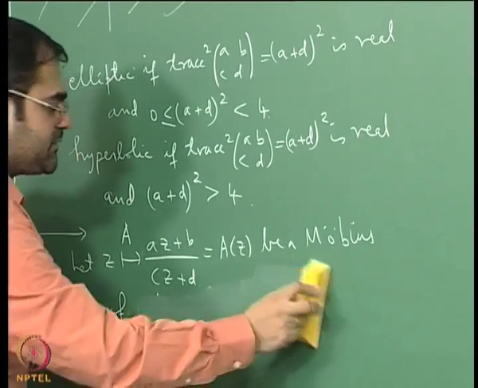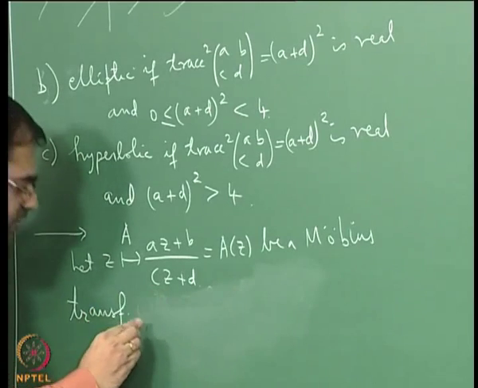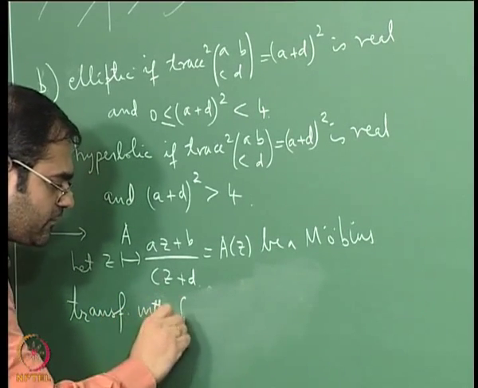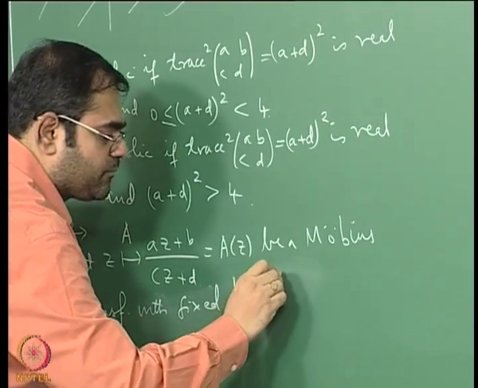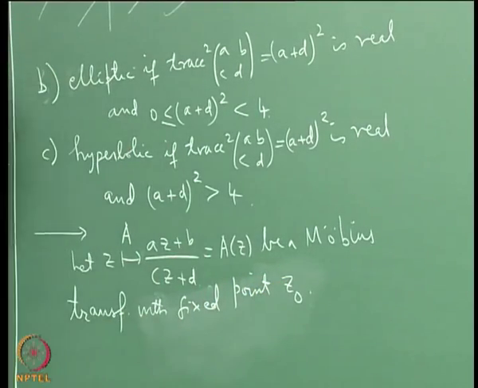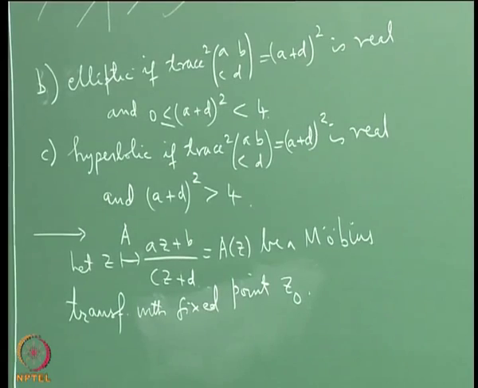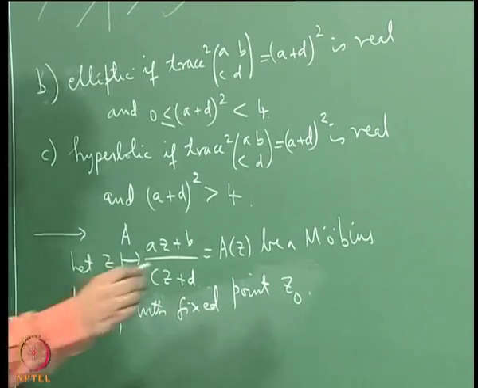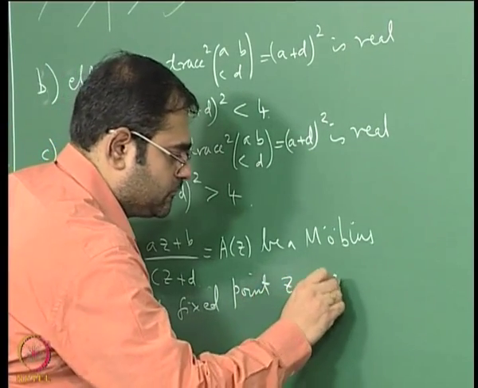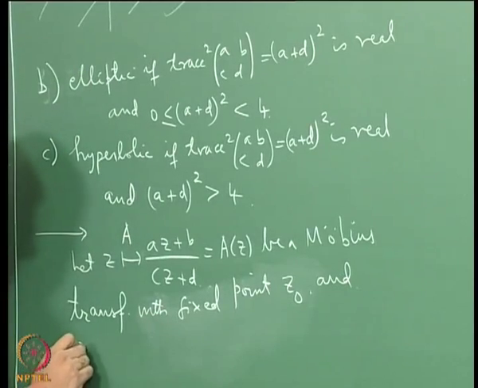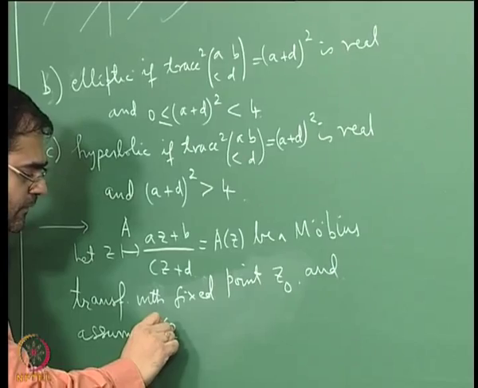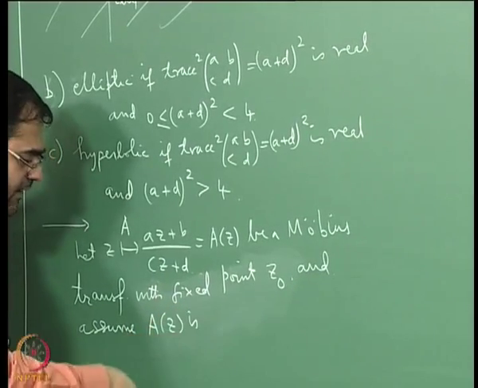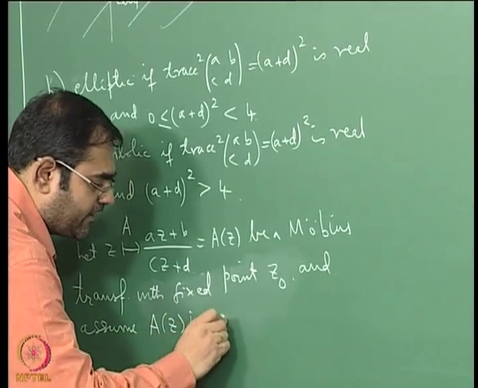Let this be a Moebius transformation with fixed point z0, let us say, and assume A of z is not the identity transformation.